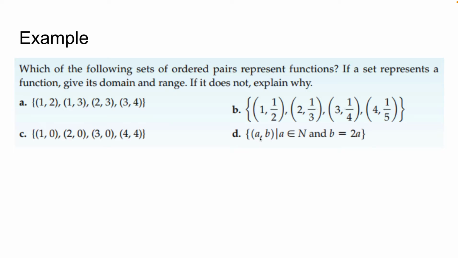And for the last one, it is also a function with the domain being the natural numbers, because A is any natural number, and the range is the set of all even numbers, because it's 2 times any number. 2 times any number is an even number, right?